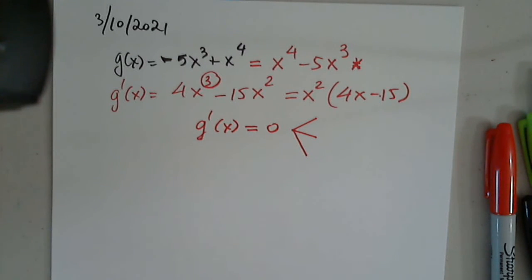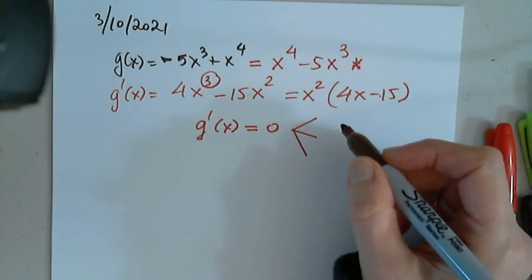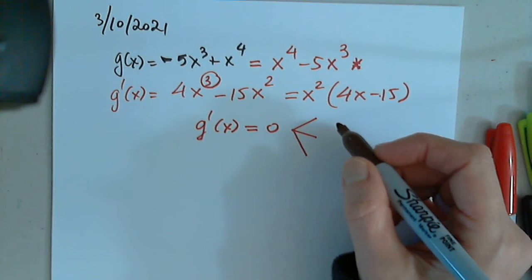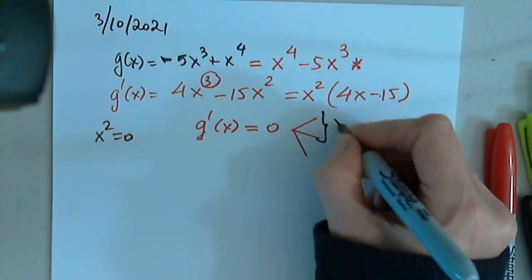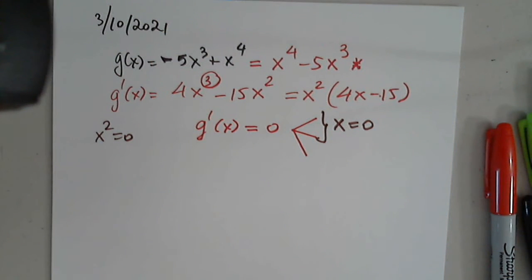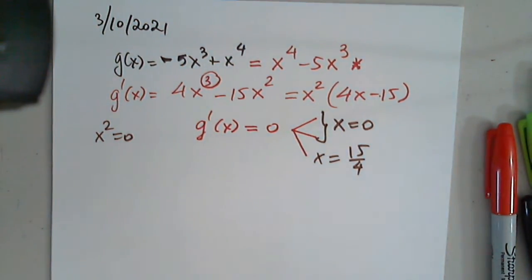This is not calculus. Well, x squared equals, never mind. You're correct. X squared equals 0. All you have to say is 2 solutions 0. Move on. Yep. What is the third solution? 15 over 4. That's it. Perfect. That's all I needed.